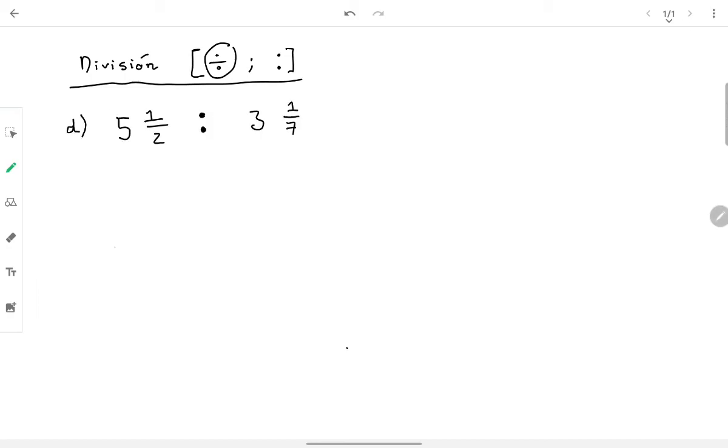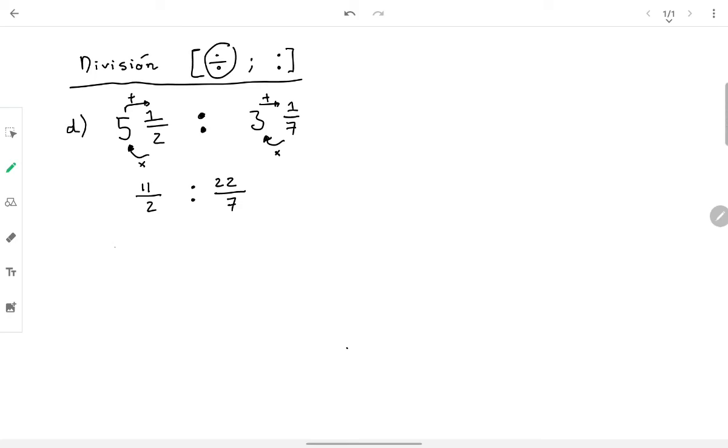So remember, this sign, two dots or points, will also represent a division. So what can we do when we have mixed numbers to make a division? First, we can transform them also to improper fractions. 2 times 5, and we add number 1, that will give us 11 halves divided by 7 times 3, it's 21 plus 1, that will give us 22 over 7.